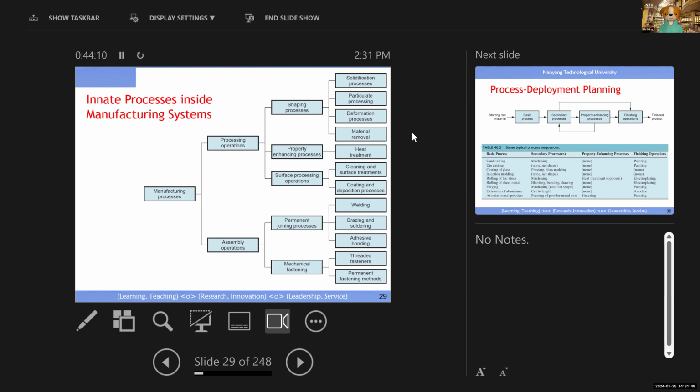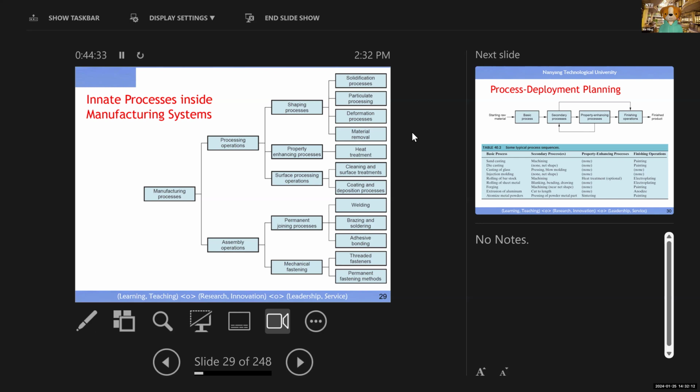So once you have the input, how to transform the input into the output in the production system? The answer is, we use processing. And in manufacturing, we have a big family of processes to use, and we cannot go through all of them. I just pick a few popular ones.